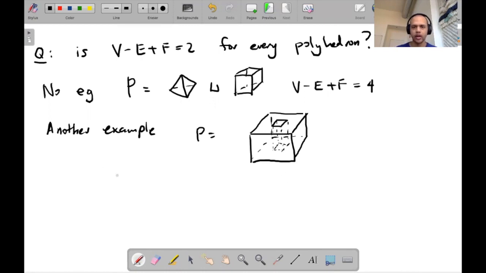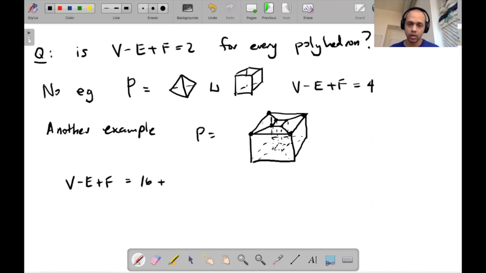So let's see what the count is for this example. So the vertices, we have vertices here and here. So there's 8 on the top and 8 on the bottom. So we have 16. For edges, technically this top face is not a polygon, so I should divide this. Well, one way to fix that is to just divide like this. Same on the bottom. So now let's count edges.